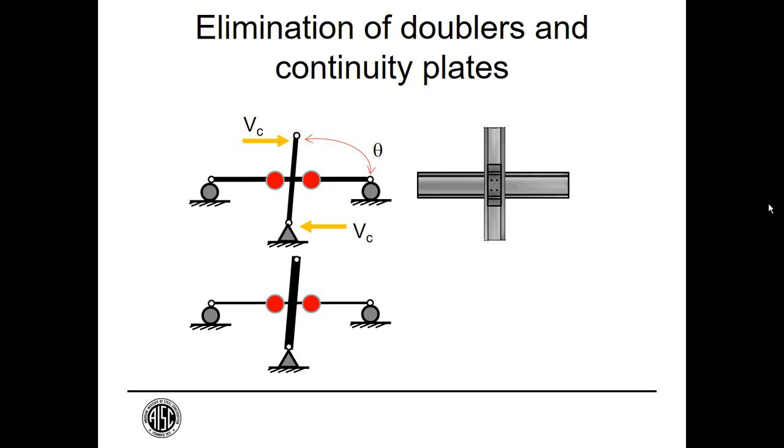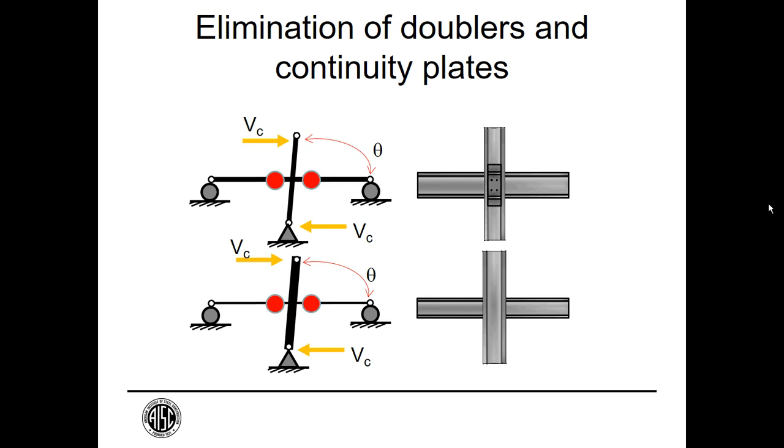Somewhere there's another pairing of column and beam that gives us the same stiffness characteristics, but puts more of the flexibility into the beam and less of the flexibility in the column, such that the heavier column and the lighter forces from the beam do not require continuity plates or a doubler.